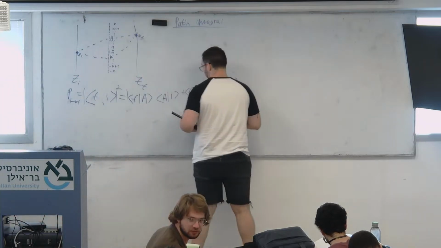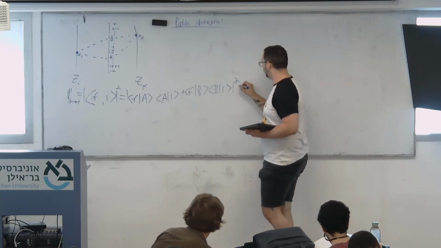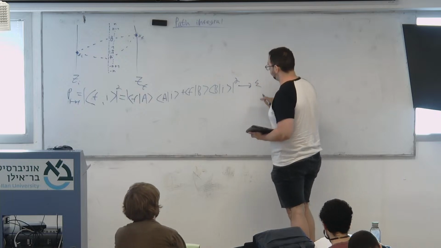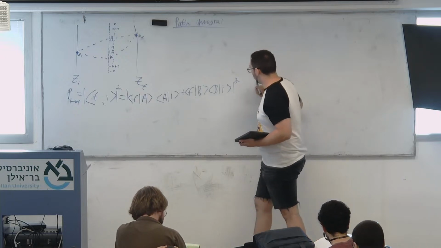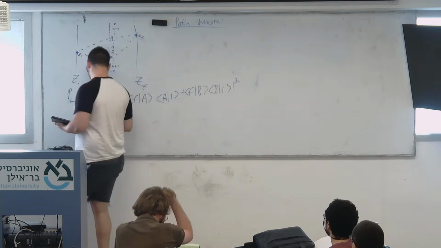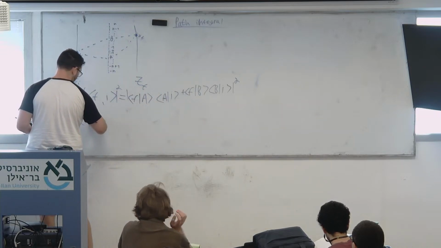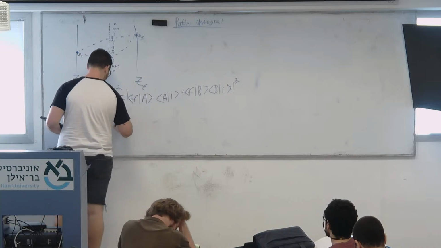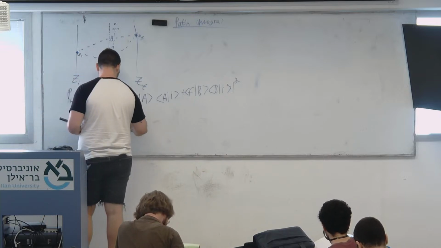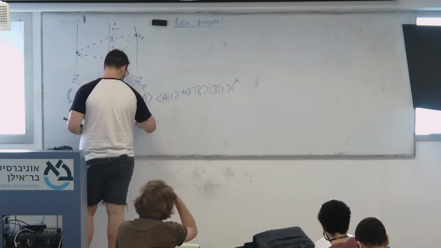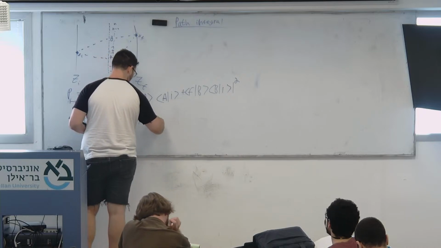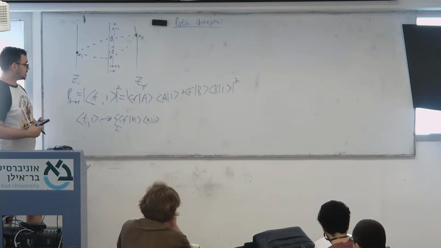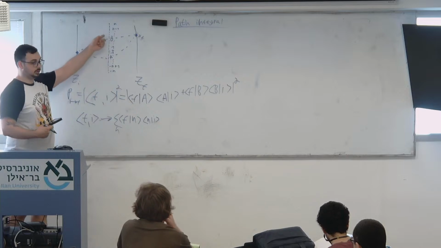And now this goes to a sum. I don't want to write the absolute value squared every time, so I'm just going to go like: P I F will go to sum over n, F n I. It's basically the same thing here, except I increase the number of holes.